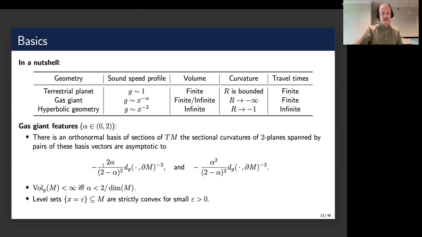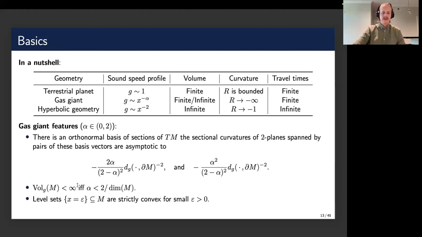This is a computation you can do in coordinates, and what this precisely means is that your sectional curvatures will blow up at the boundary, and in particular it means that there is no constant curvature gas giant model out there. What is also important here is that these blow-ups happen with specific powers of alpha, or specific coefficients which depend on alpha, so that will be important later.